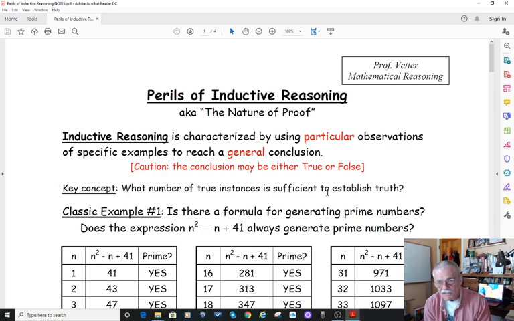And inductive reasoning can be fraught with perils. So I just wanted to look at a few of those just to give you an idea of what the idea of proof is. Okay? And just in general, we tend to do a lot of proofs in math. We did a lot of proofs, especially in the trigonometric areas in this course. And I don't think many people like proofs, but sometimes they can be useful.